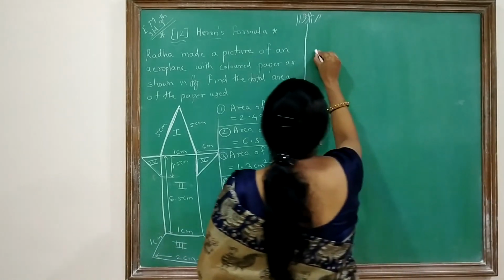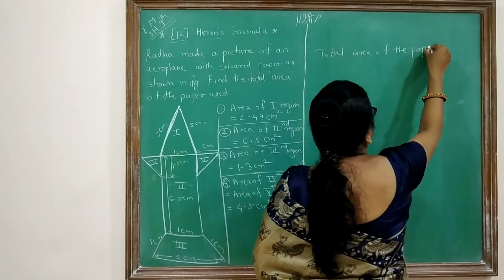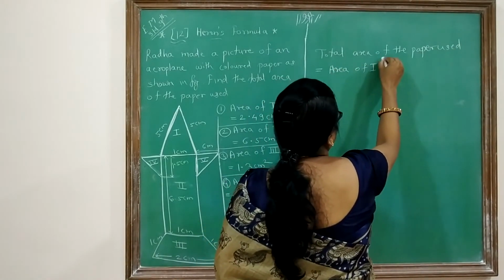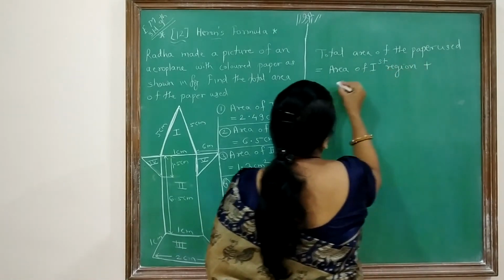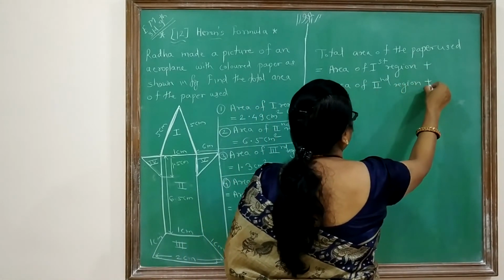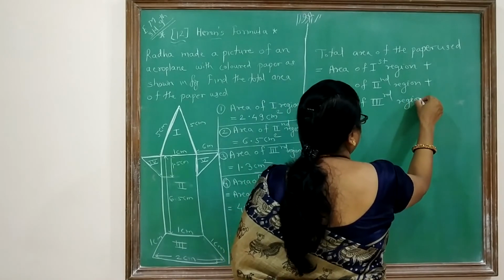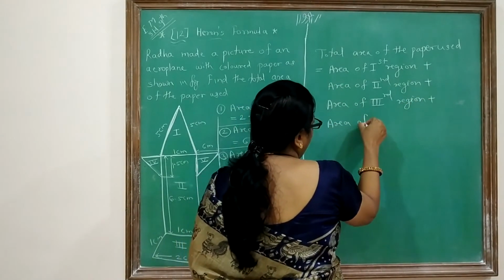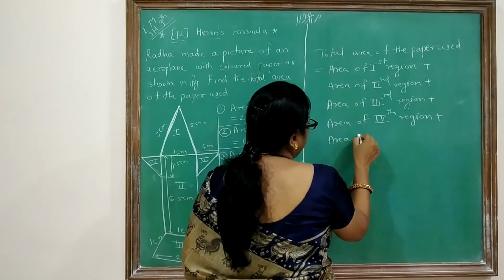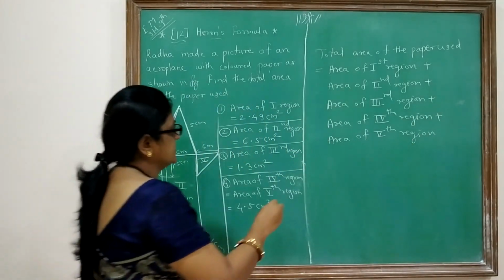The next step you will write total area of the paper used, that is area of first region plus area of second region plus area of third region plus area of fourth region plus area of fifth region. Then put the values.